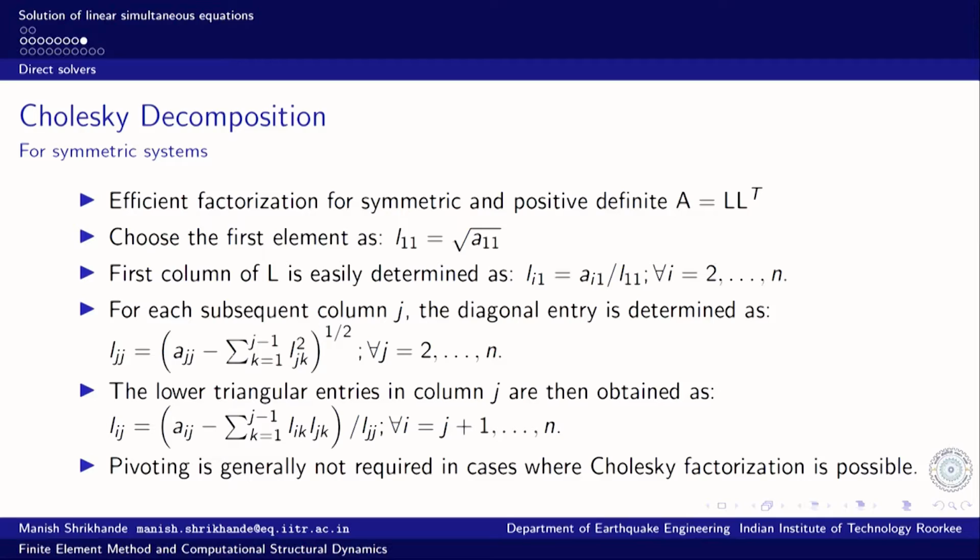Once we have the lower triangular entries for all the columns, and thus the Cholesky factorization, the solution of the simultaneous equations can be computed by a two stage process, forward substitution and backward substitution, and then the complete solution is known.